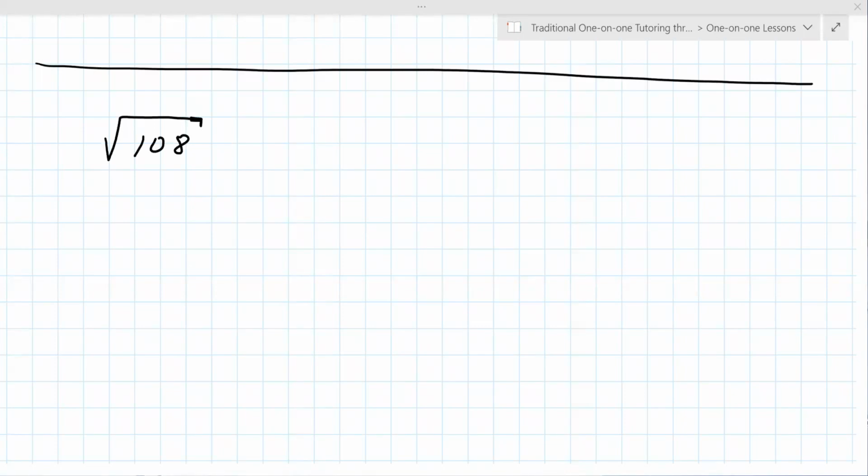Yep, that's right. And 27 divided by 2, okay, it's not divisible by 2. Okay, let's make it 3 right now.